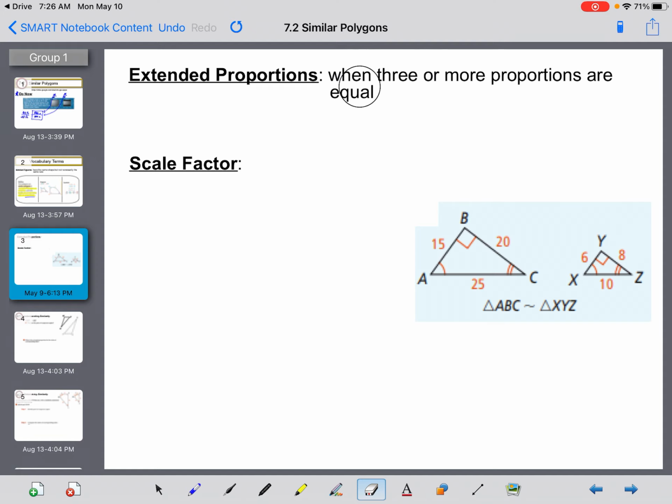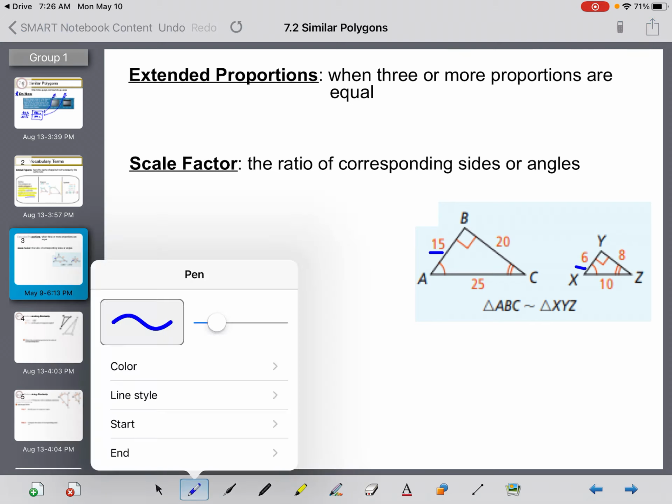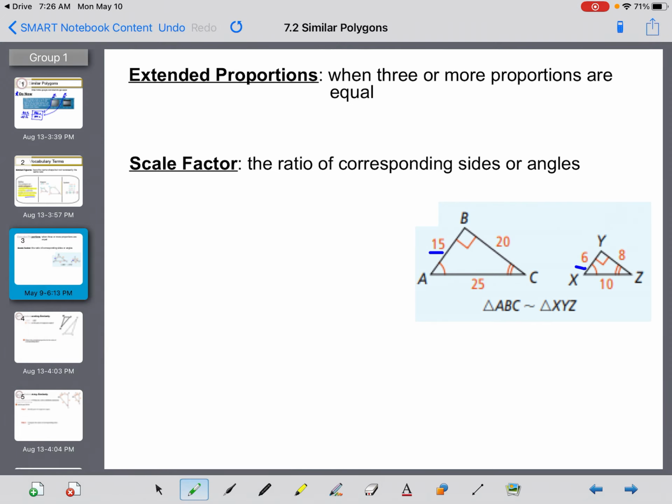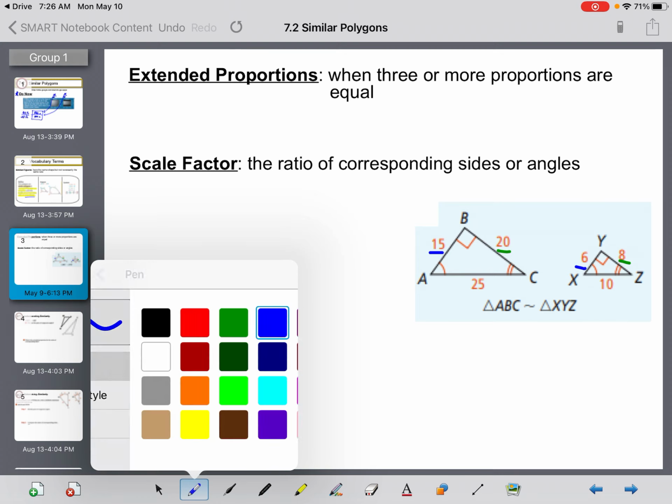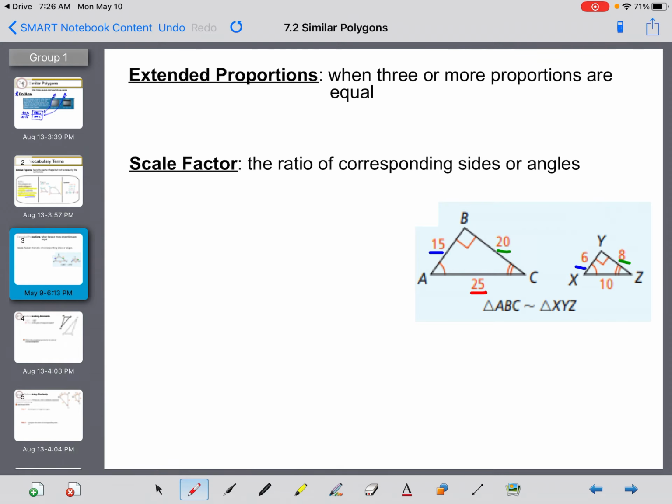Extended proportions are when three or more proportions are equal. A scale factor is the ratio of corresponding sides or angles. So if you look in this image, we have 15 corresponds to 6, 20 corresponds to 8, and 25 corresponds to 10, right?